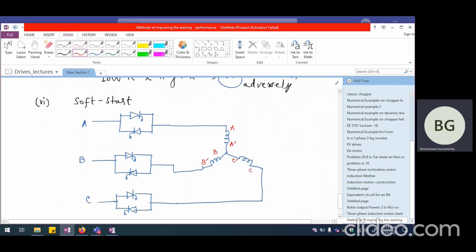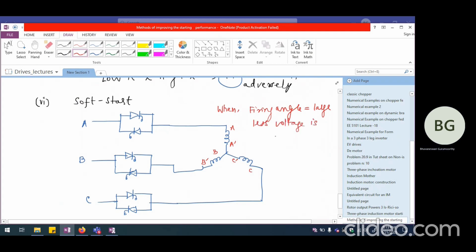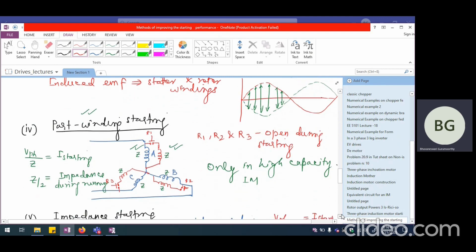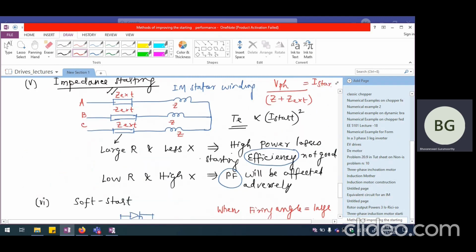So now if I want to apply a low voltage, then the firing angle of the AC voltage controller has to be really large. When the firing angle is large, less voltage is applied. When we talked about impedance starting, we said that while starting initially, we have to have a large external impedance included in the circuit.